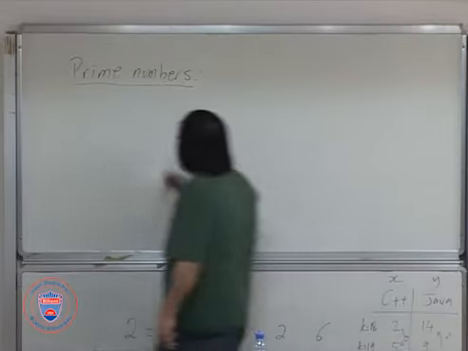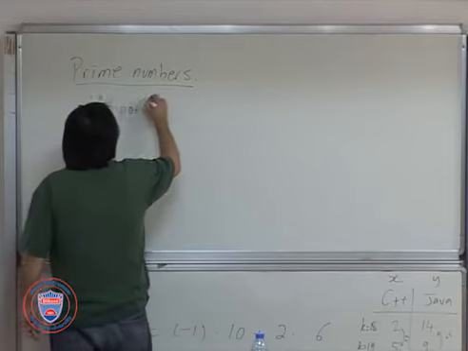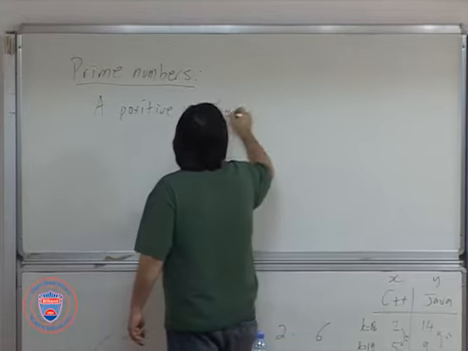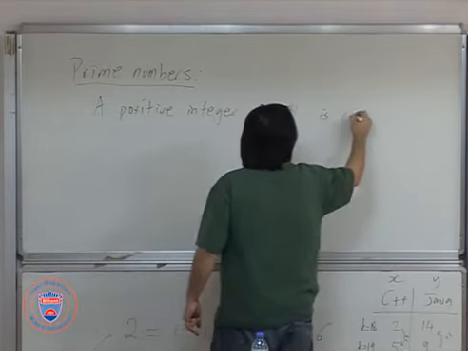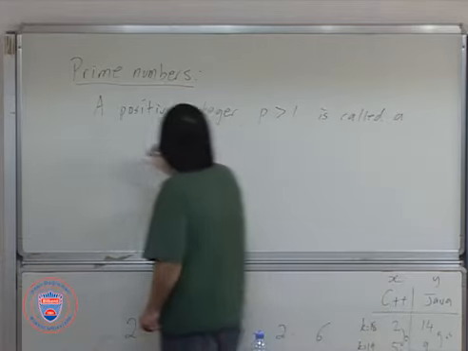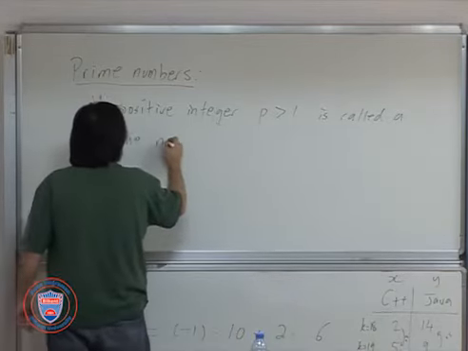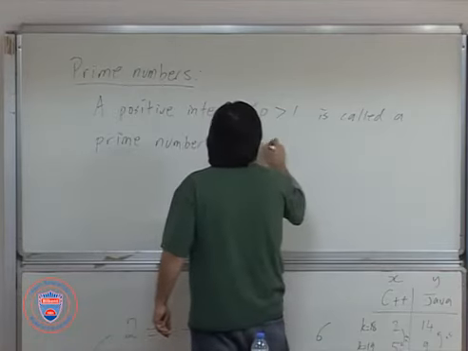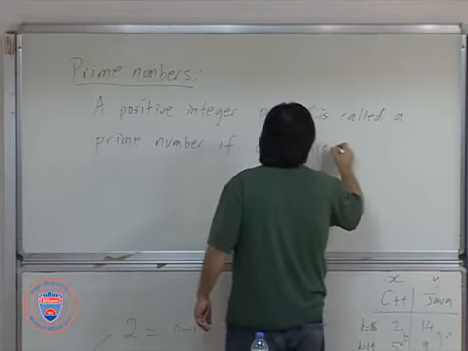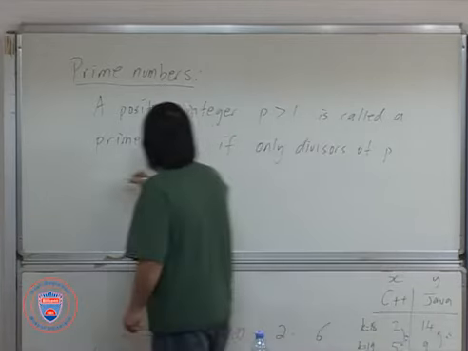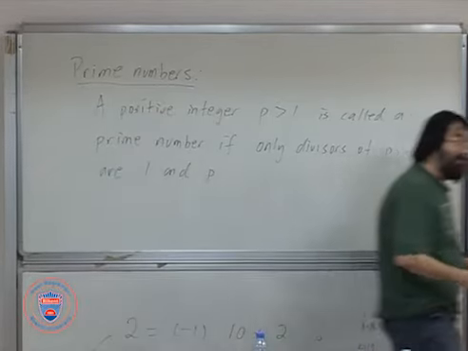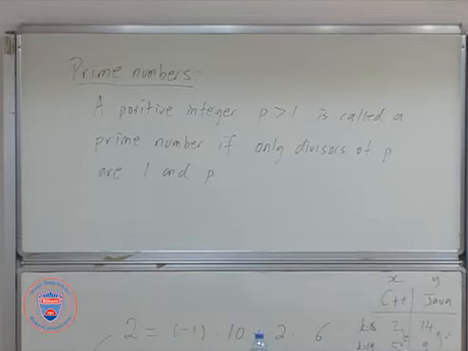So a positive integer p bigger than 1 is called a prime number if the only divisors of p are 1 and p. So if there is nothing else dividing it, no positive integer bigger than 1, you call it a prime number.